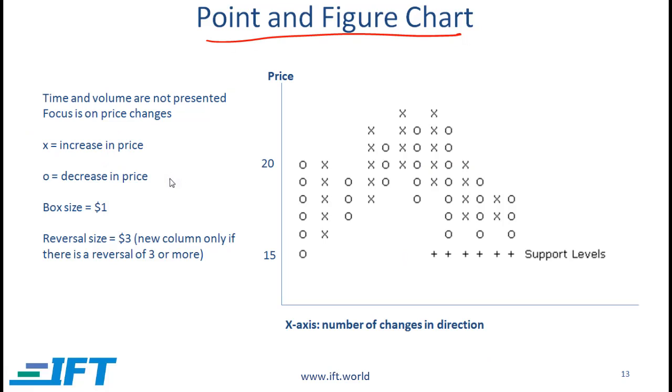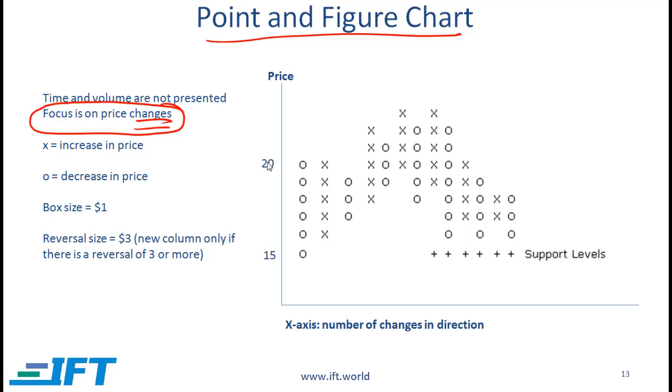In all the earlier charts, we focus on time on the x-axis, and we also often see volume data at the bottom. With point and figure chart, the time and volume data are not presented. The focus is on price changes, and let's understand how. Say you are evaluating a given stock and the initial price is 20.